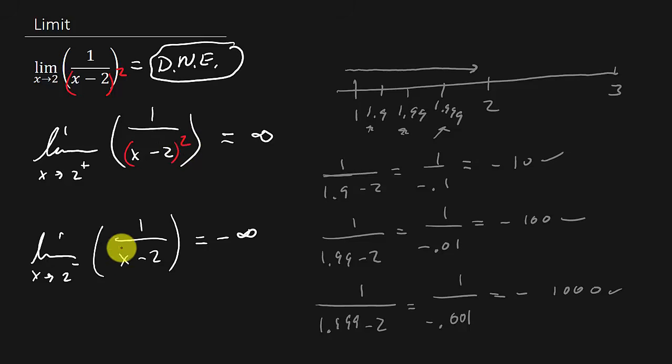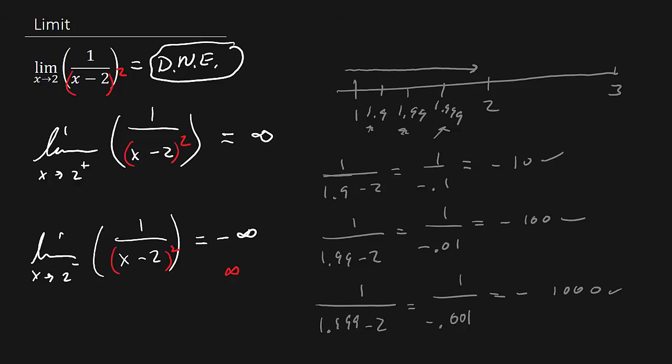So let's just say the denominator squared. Then this would go to positive infinity, and this would go to positive infinity also. What happens here is you can see they're going in the same direction, and so up here we would put positive infinity as an answer. But yes, the answer to this one is does not exist.